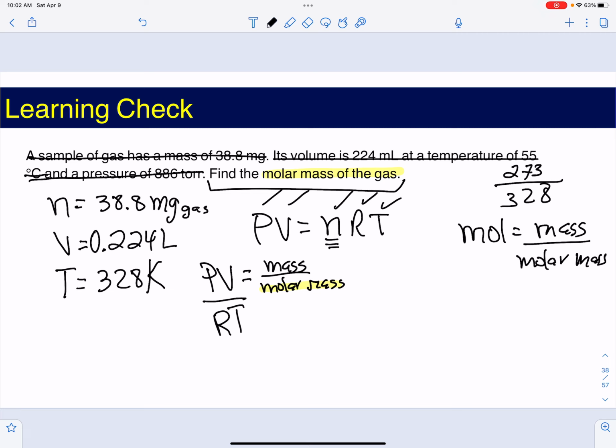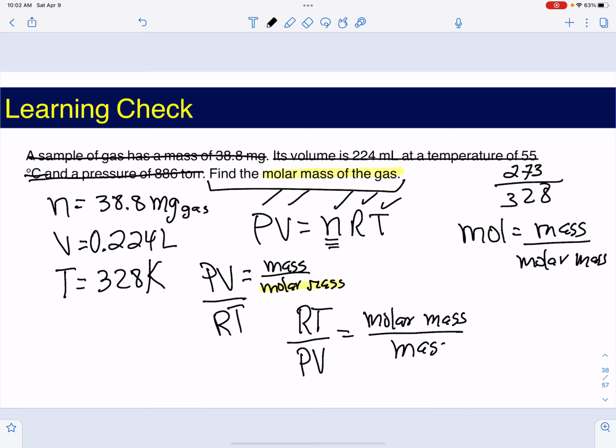So I'm going to flip everything around. RT over PV equals molar mass over mass. So that's an acceptable trick. What I did, I flipped everything around so that what I'm looking for is on the top now. And now I just need to get rid of the mass. So I'm going to multiply by mass on both sides.